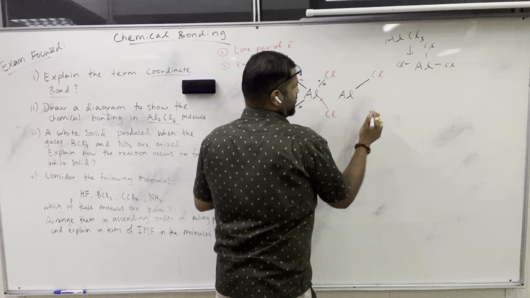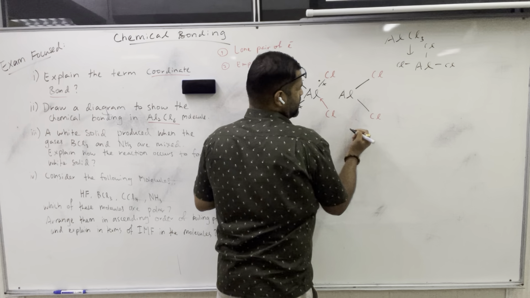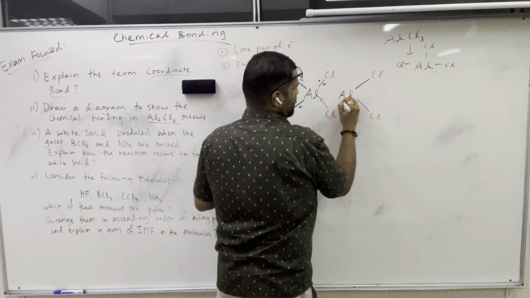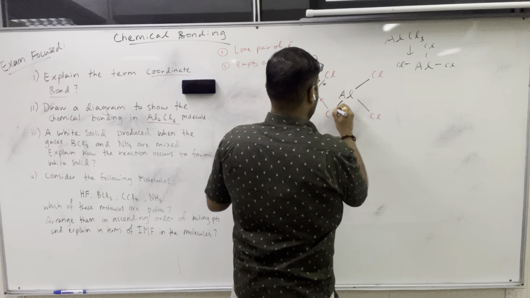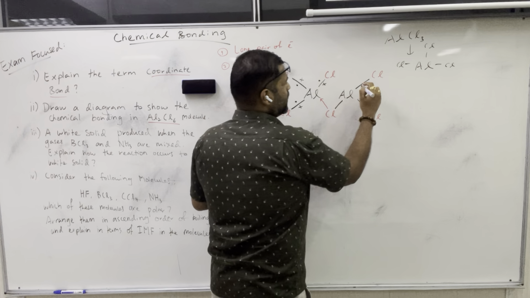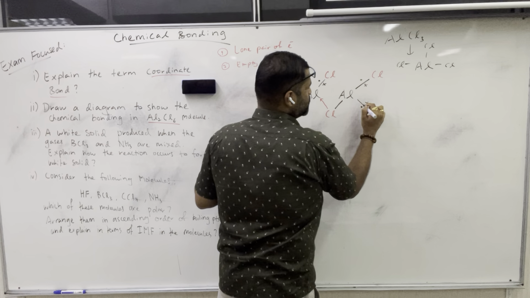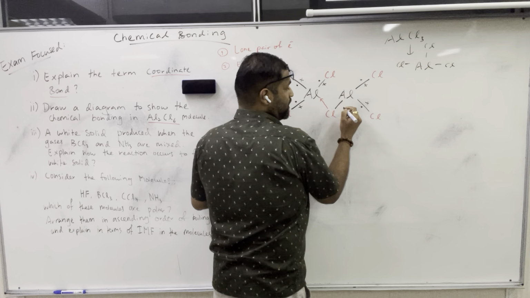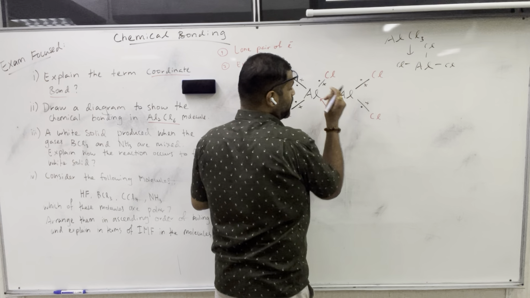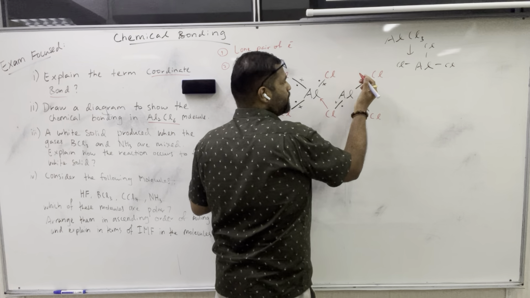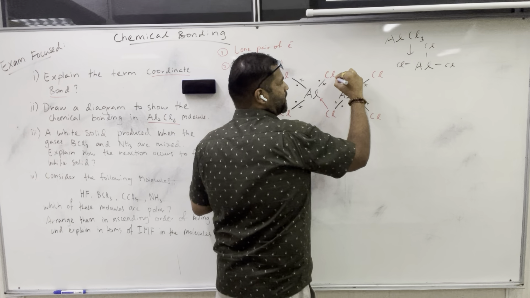So what I'm going to do is put another one, and I'm going to show you the electron sharing. This is an actual single covalent bond, and the other part is where I'm going to show you the coordinate bond by another chlorine atom.